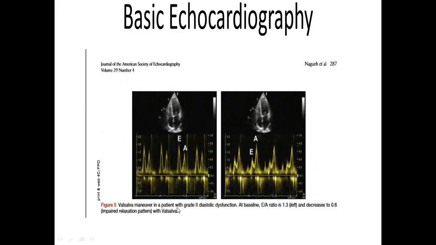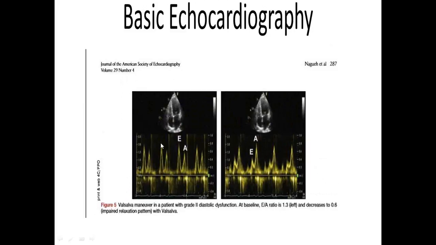So this is a patient with grade 2 diastolic dysfunction. You see the E to A ratio at baseline is 1.3, and it decreased to 0.6, more than 50% with the Valsalva maneuver. Okay? So the Valsalva maneuver will help to ferret out these patients with the so-called pseudonormal pattern.